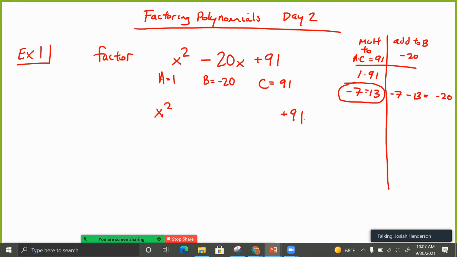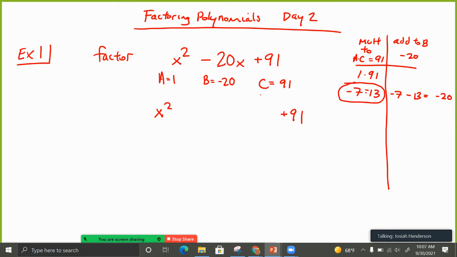So back to the actual problem, now that we've got our negative 7 and negative 13. Can anyone tell me what we should do next now that we found this negative 7, negative 13? How do we use those? Don't you put it in the place in between the x to the 2 and the 91?